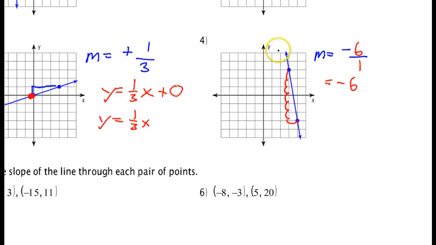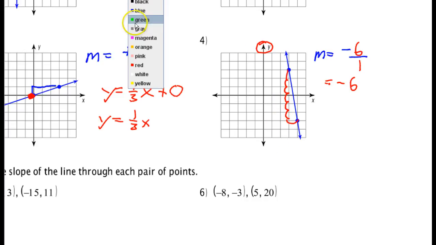Over here, you can't really see where it's going to cross the y-axis. So what's your other alternative if you can't physically see where it crosses the y-axis to get the y-intercept? That was the other equation we have. Pick a point.